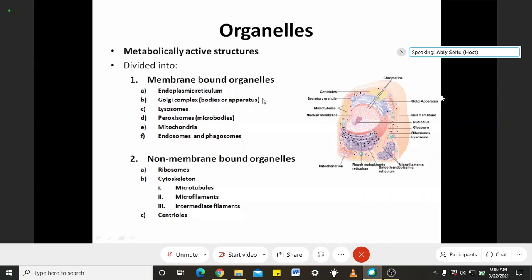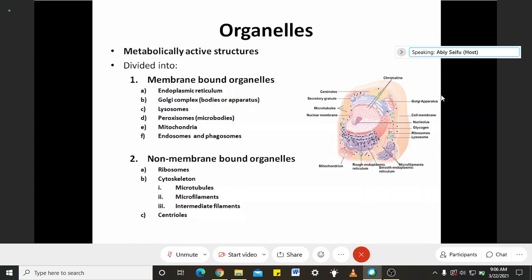When we look at the next part of the cell, which we divided as organelles, these are plenty of small structures for specific functions. You can say they are small factories. There are plenty of such small factories specializing in carrying out different functions of the cell.